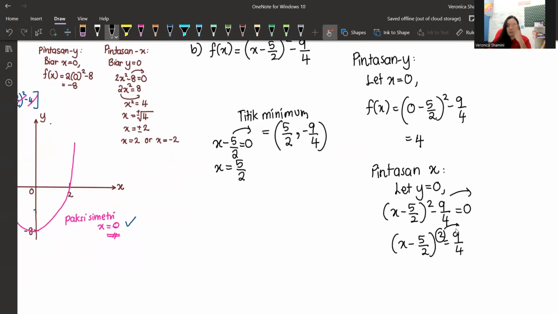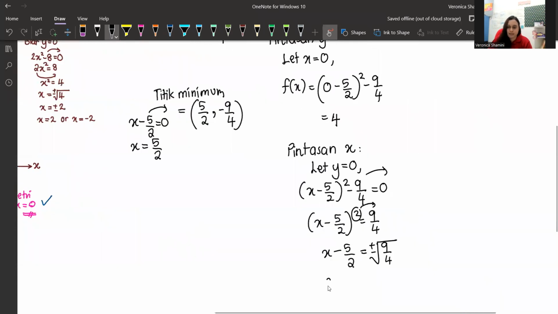Okay, kuasa 2 pindah go there also. So becomes punca kuasa got plus and minus. Okay, see carefully now. Punca kuasa plus and minus, you get tambah tolak 3 over 2, isn't it? Okay, you write properly first. X minus 5 per 2. Okay, this is plus minus 3 over 2.